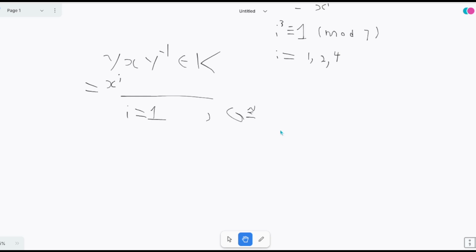We can apply the second isomorphism theorem and show that G is a direct product of C3 and C7, or it's isomorphic to it, and is thus cyclic itself. And again, this is just the same logic that we had. The full logic was what we did in the case of the group of order 15.